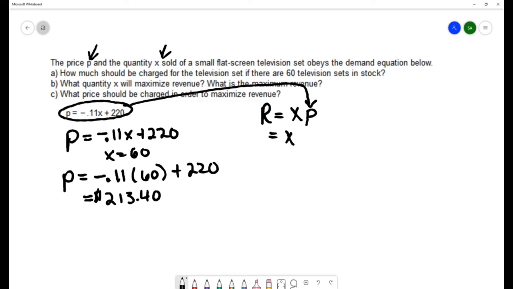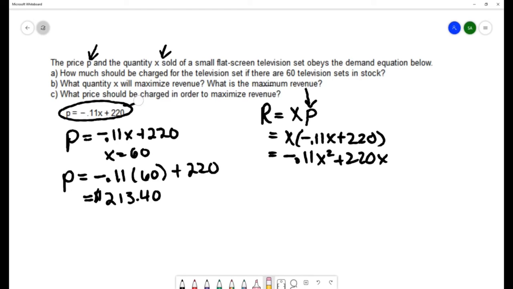So we have X times negative 0.11x plus 220, and that's negative 0.11x squared plus 220x. So now we have an equation that represents revenue. And now we want to answer this question: what quantity X will maximize the revenue?